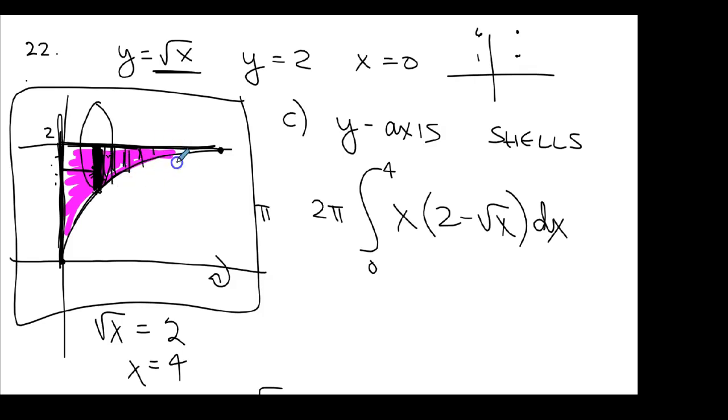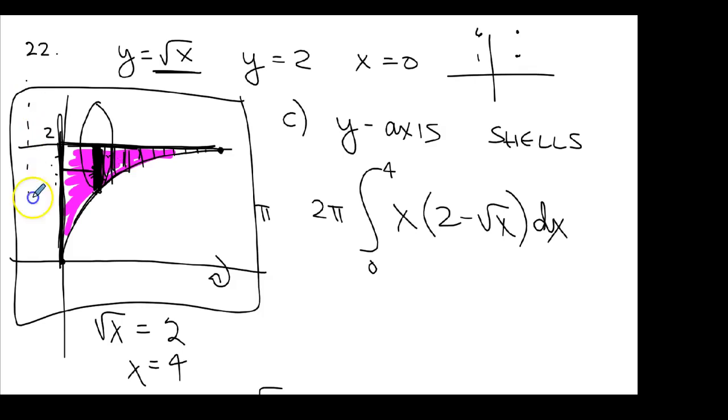I could have drawn it anywhere in that region. I went over x to get to where I drew it. Is it always x? No. It is not always x. It is the distance from the rectangle to the line you're revolving about.